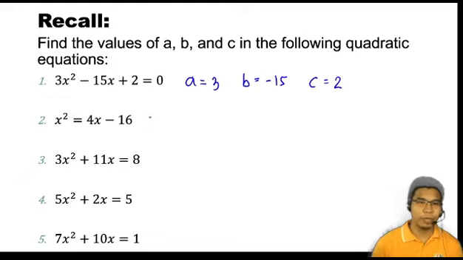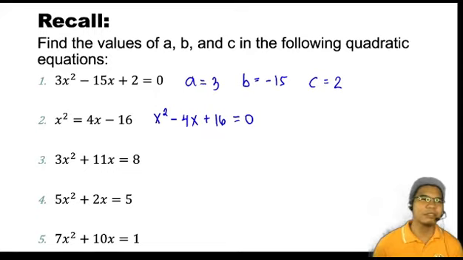Our new equation in standard form is now x squared minus 4x. We transpose positive 4x to the left side together with negative 16, so this becomes plus 16 equal to 0. So x squared minus 4x plus 16 equal to 0 is now in standard form.